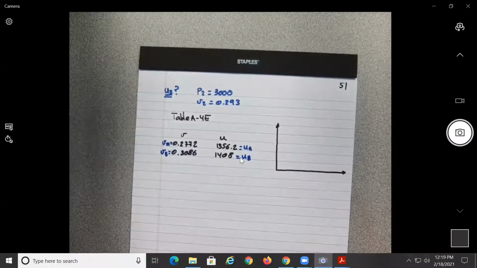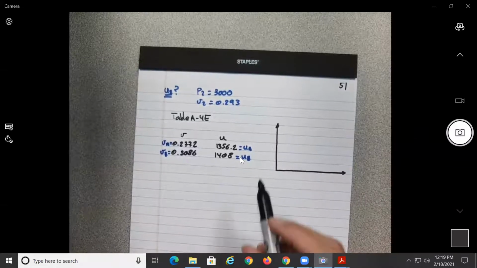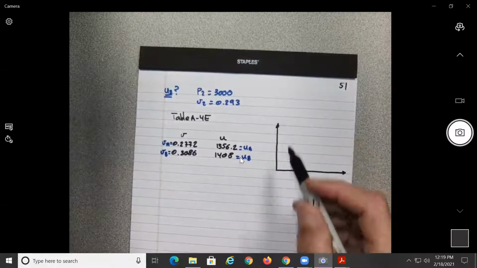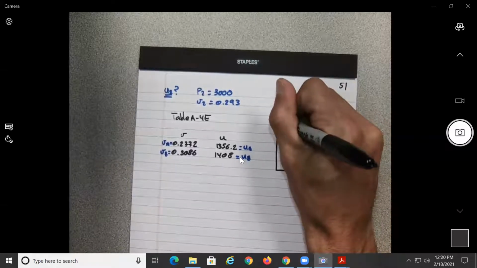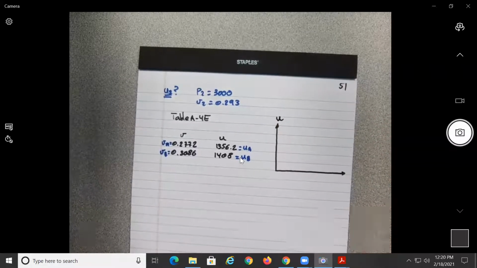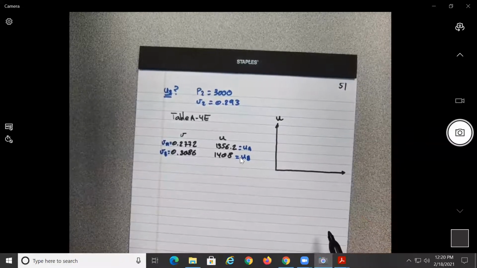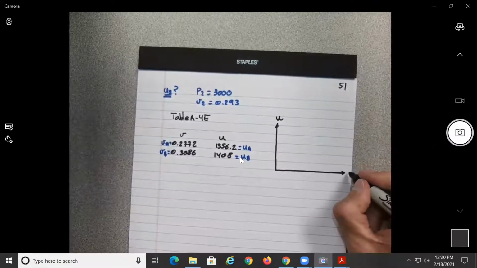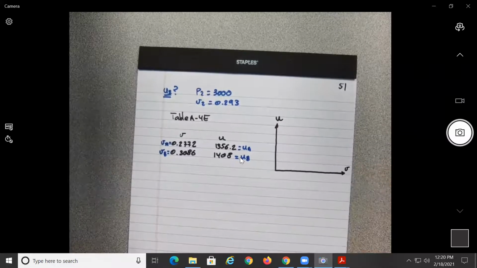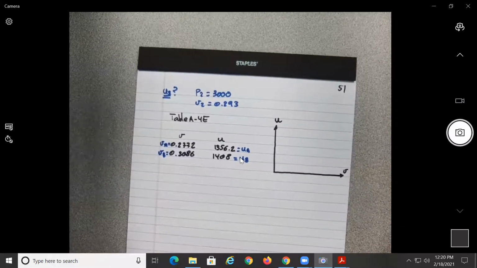So over here, what we're trying to find, you always put it on the y-axis. So this will be U. And what you know, you put it on the x-axis. That will be the V's. So what do we know?